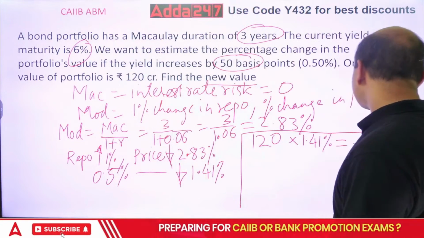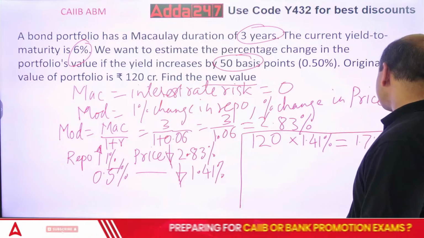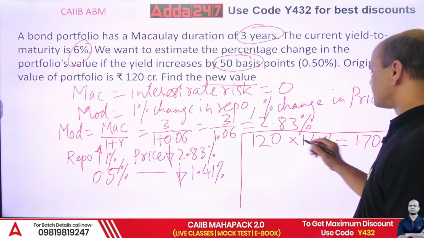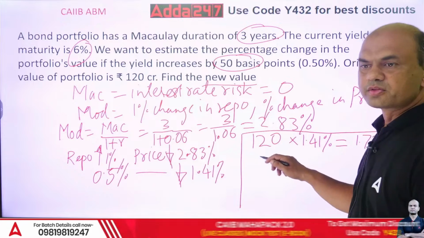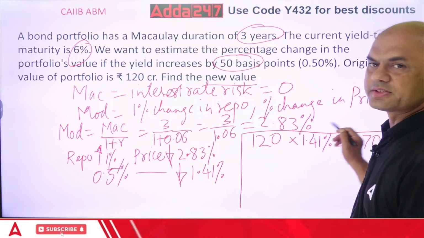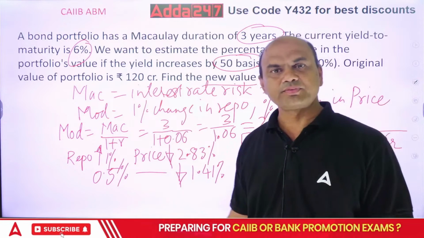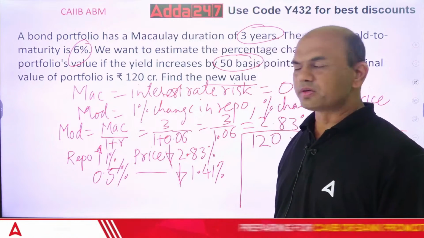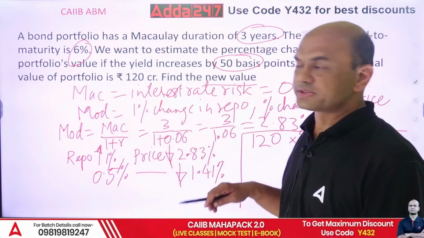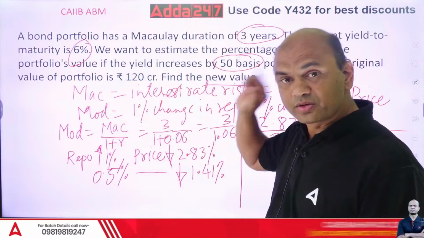So it will fall by 1.70. This is in crores, because this was in crores. 1.70 crores. Got it, everyone? So the value of my portfolio will fall down by 1.70. But what am I asked? Find the new value.